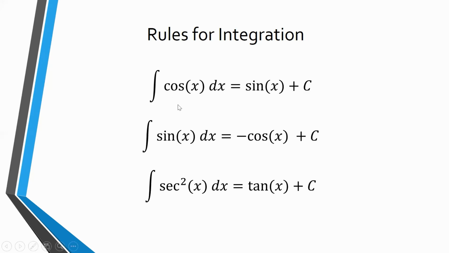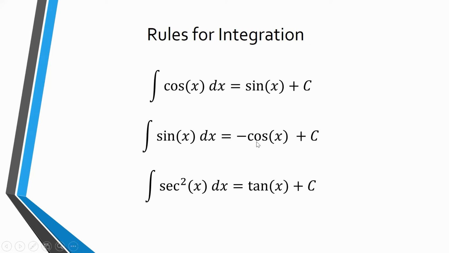Let's go and find the antiderivatives of cosine x. Well, what trig function gives me derivative of cosine? That's positive sine. Remember, if I take a derivative of sine, I get a positive cosine. Now here's the tricky part. If I want to integrate sine of x, I need to take negative cosine.